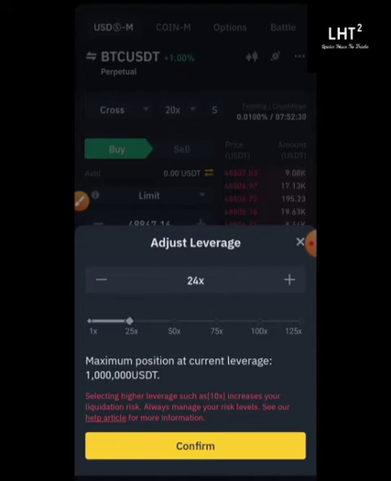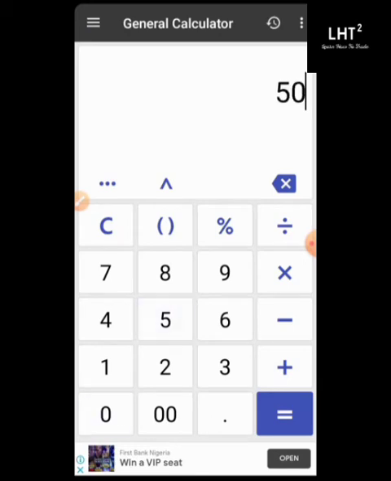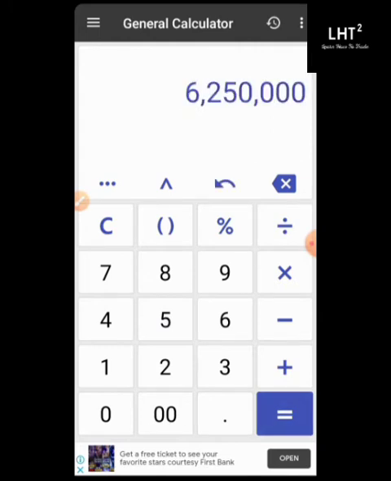See, on 25x, you can actually use $1 million to enter the trade, but increase it to 125x, you can't even use up to $100 to enter the trade. Because if you use $50,000 to enter the trade and you're using 125x, meaning you're using a whole 6.25 million to enter a trade.